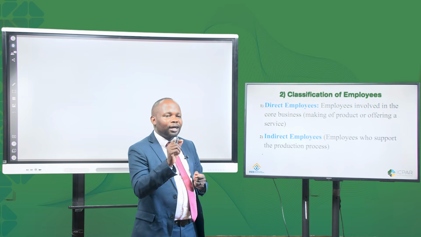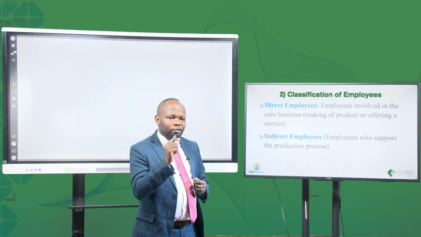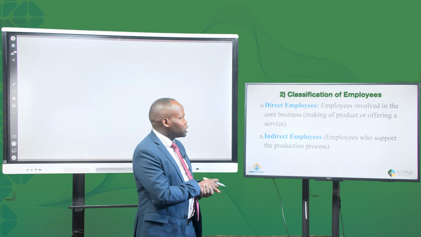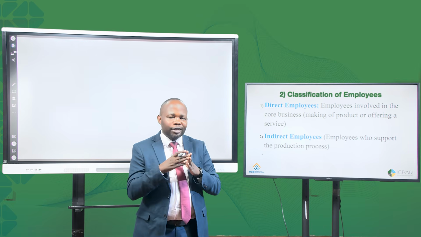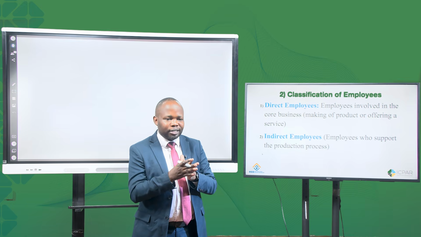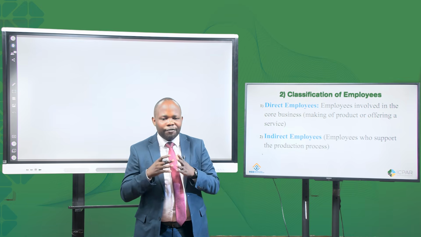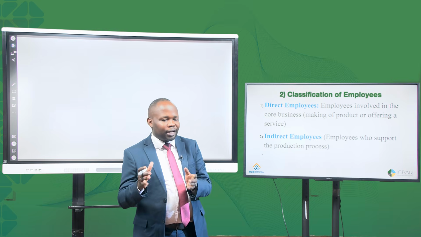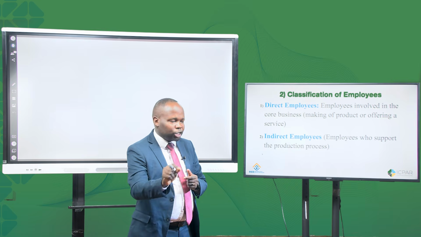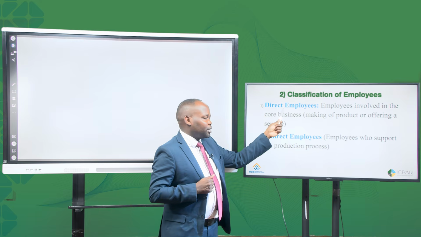Direct employees are the employees who are involved in the ordinary activities of the business. Employees involved in the core business activities of the business. For example, if it's a furniture making business, employees who make the furniture are known as direct employees.